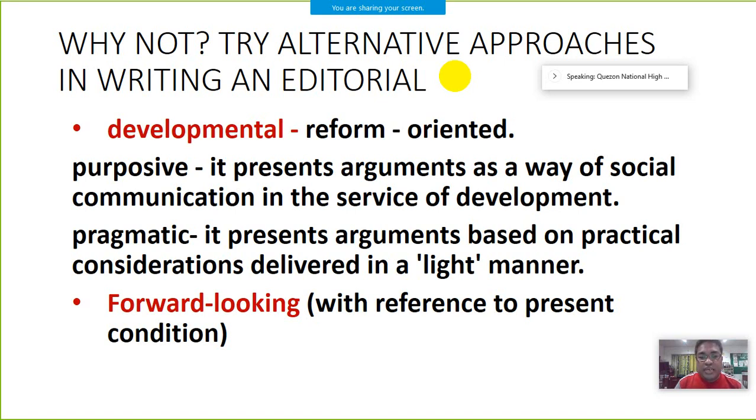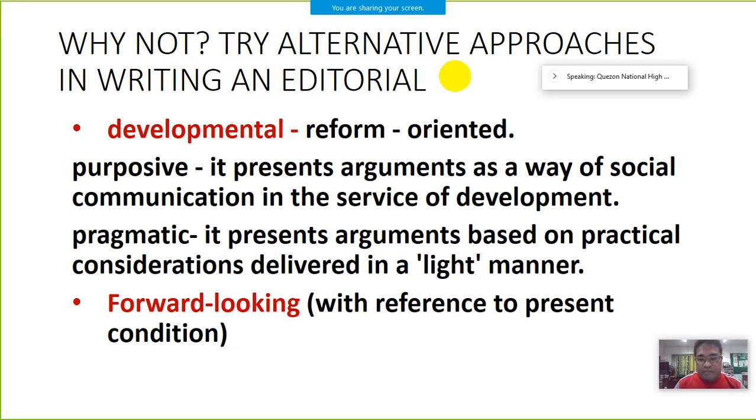So it has two P's, purposive and pragmatic. Purposive in the sense that it gives arguments as a way of social communication in the service of development. Pragmatic because it presents arguments based on practical considerations delivered in a light manner.